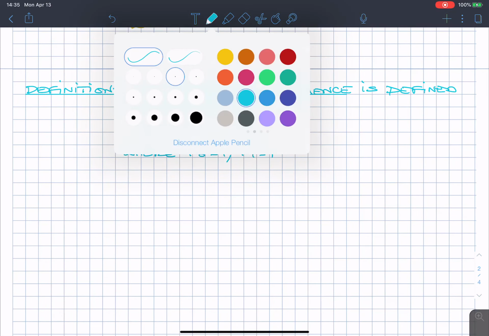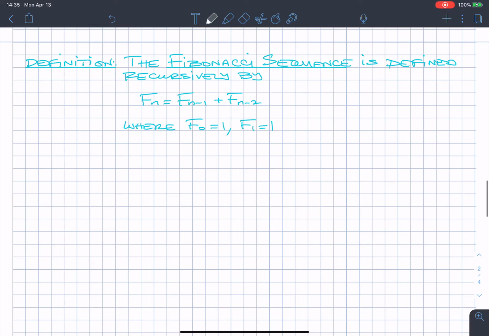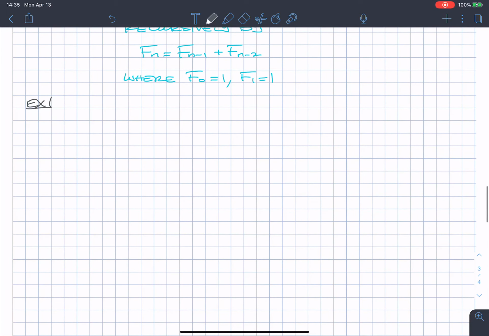So for example, find the first 8 terms of the Fibonacci sequence.